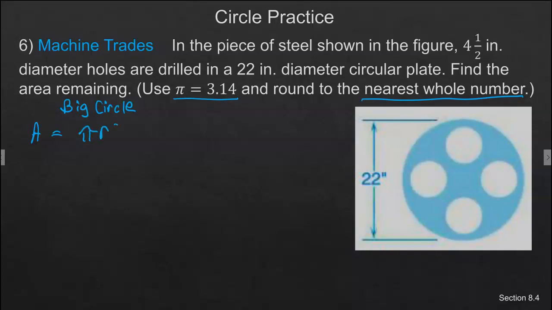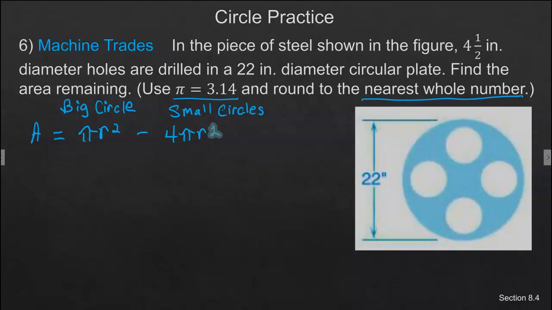Pi times the radius squared for the bigger circle, and then we're going to subtract the small circles. I'm going to go ahead and put in that we're subtracting 4 of them. So we're going to have 4 times pi r squared.